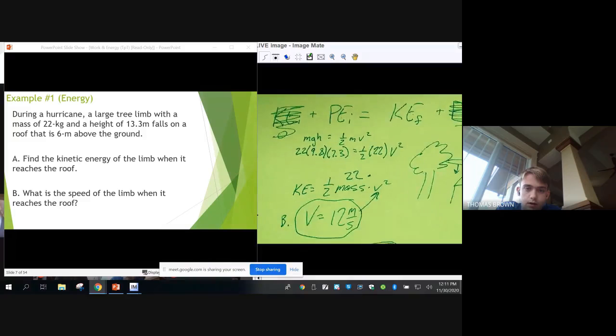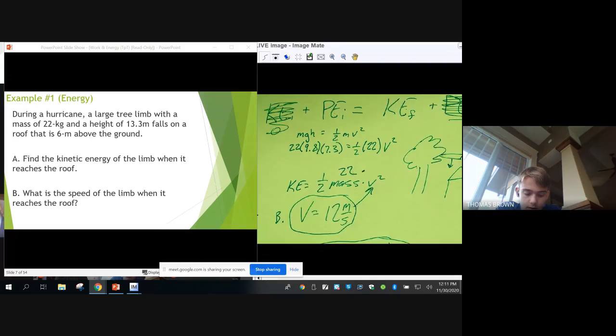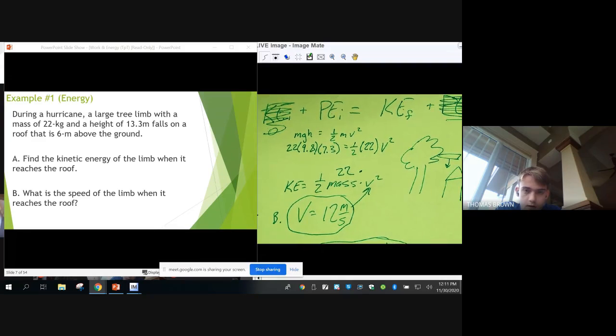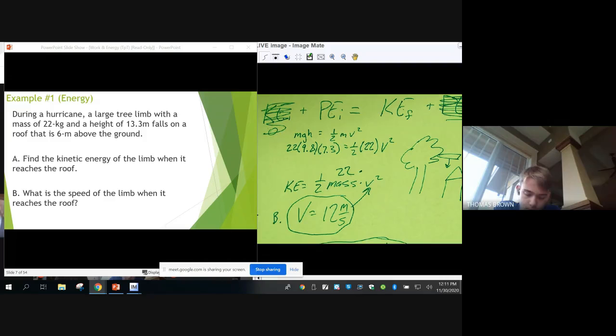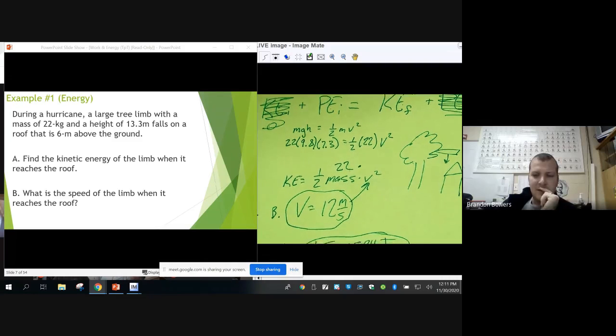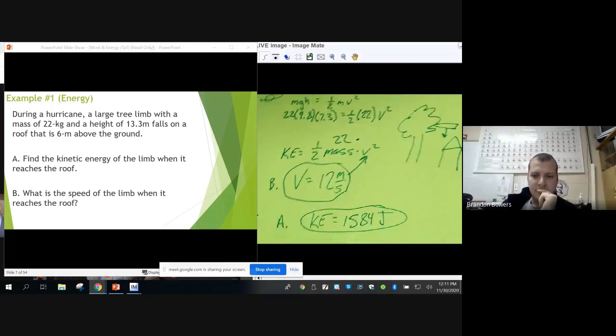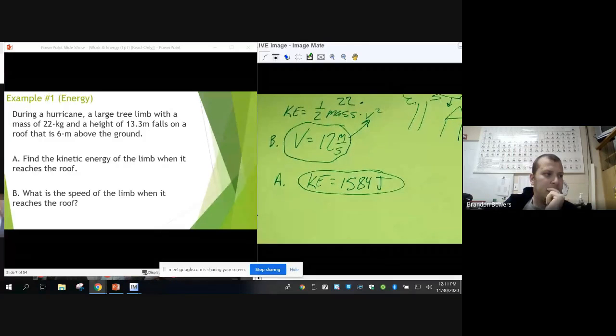And since that has to equal K, or the final kinetic energy, it would be the same thing. Right. Yeah. I see what you did there. Absolutely. That was a great question.